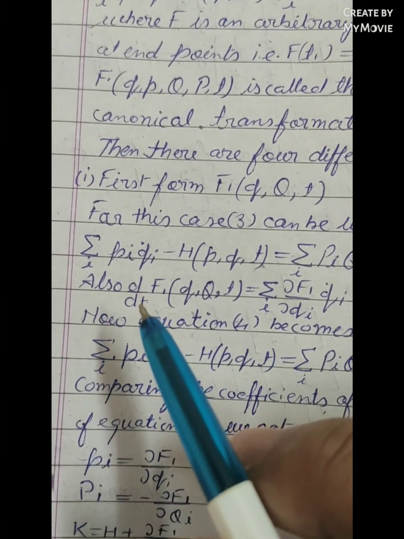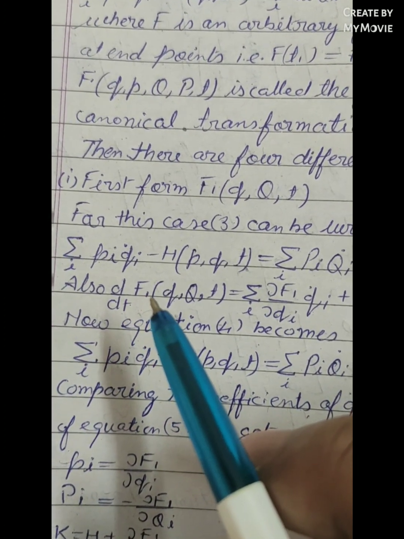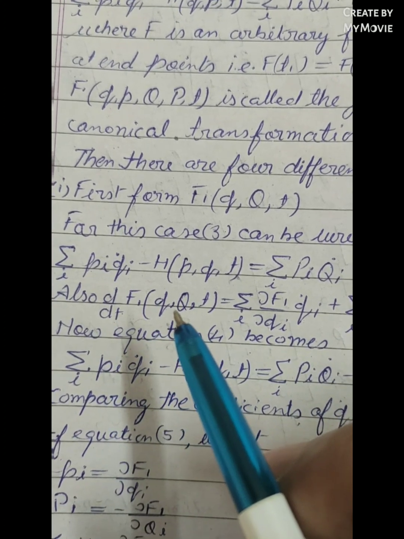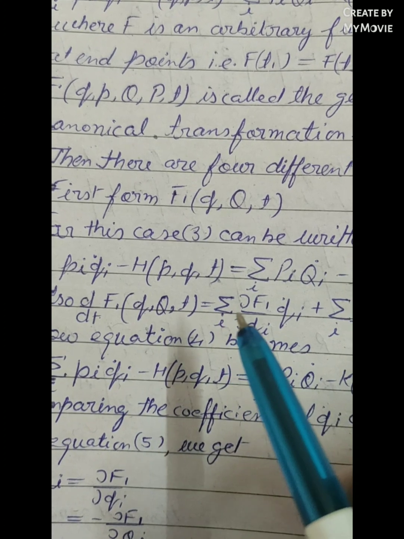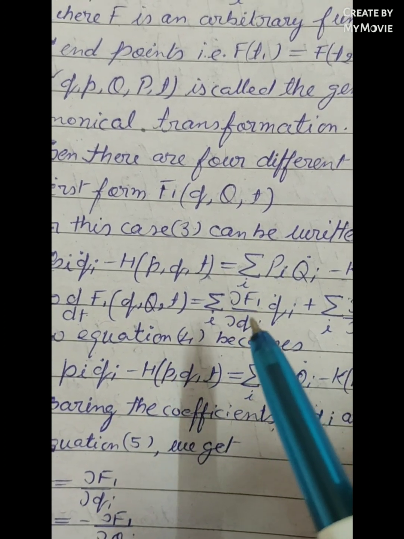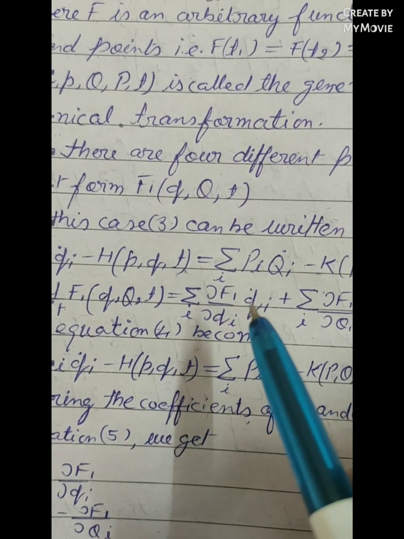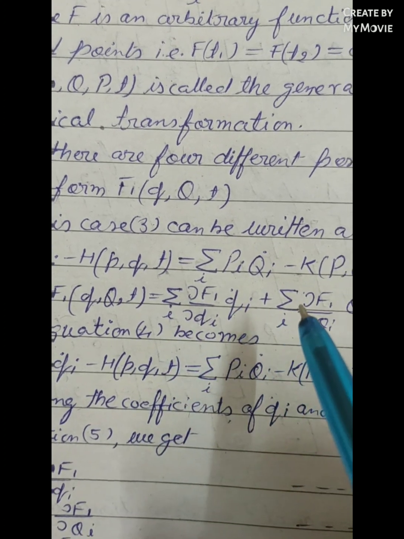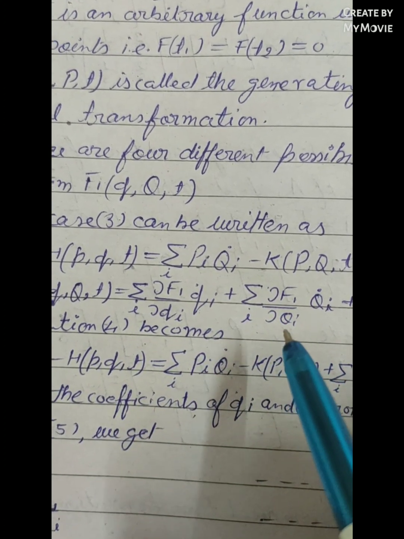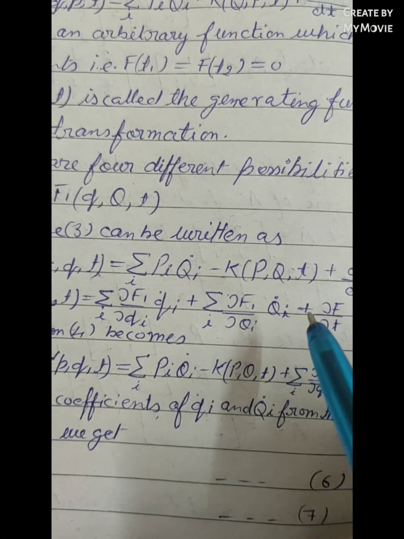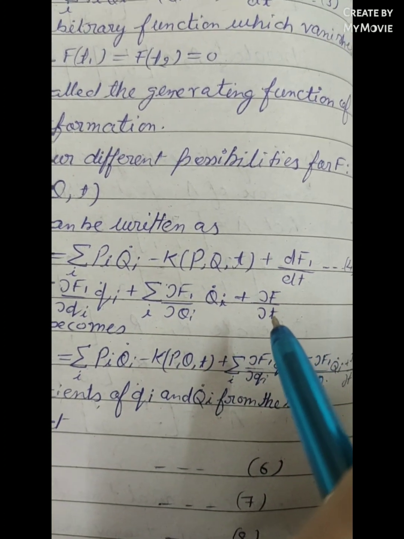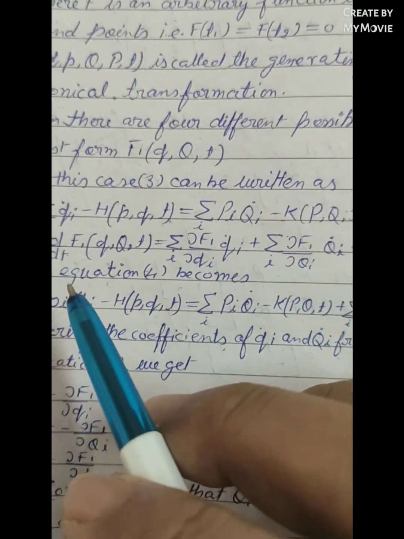Also d/dt F1(q, Q, t) = Σ ∂F1/∂qi qi dot + Σ ∂F1/∂Qi Qi dot + ∂F1/∂t.